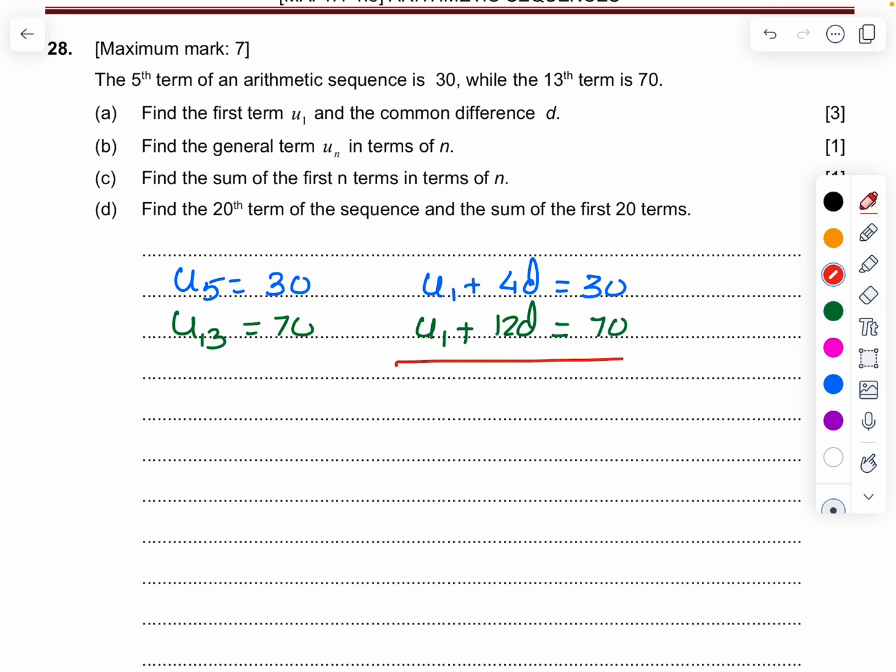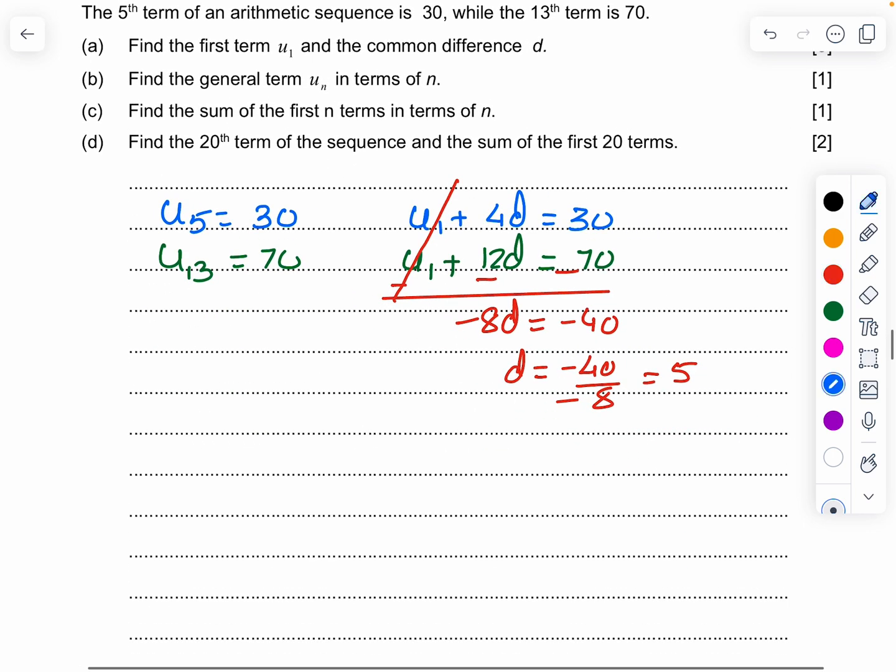Now subtract. u1 cancels. Minus 8d equals negative 40. So d equals negative 40 upon negative 8. d equals 5. Now I have the common difference equal to 5.